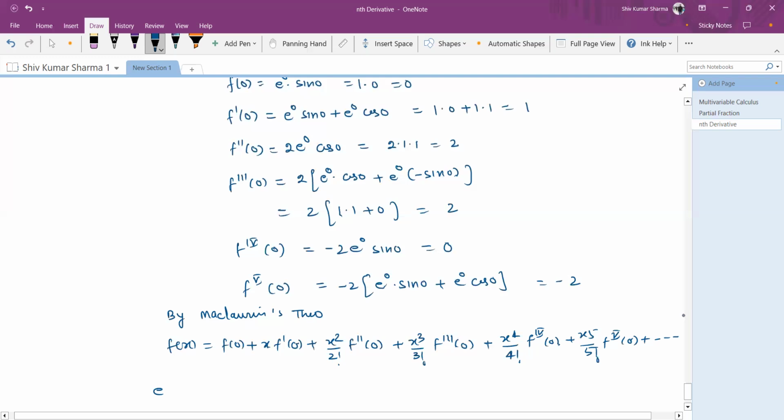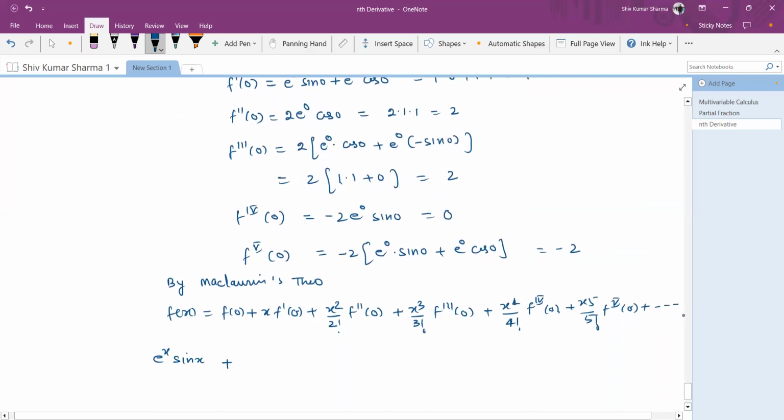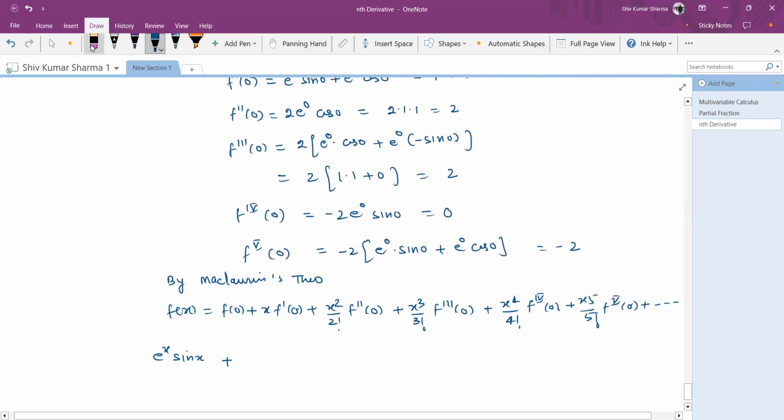Now f(x) is e raised to the power x into sin x, which is f naught plus. What is the value of f naught? F naught is 0. So this equals 0 plus x into f dash naught. What is the value of f dash naught?